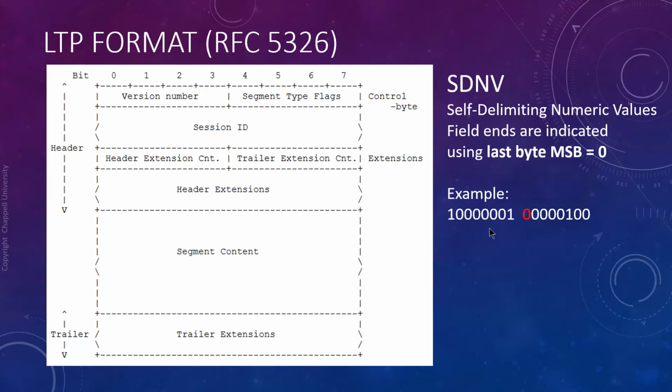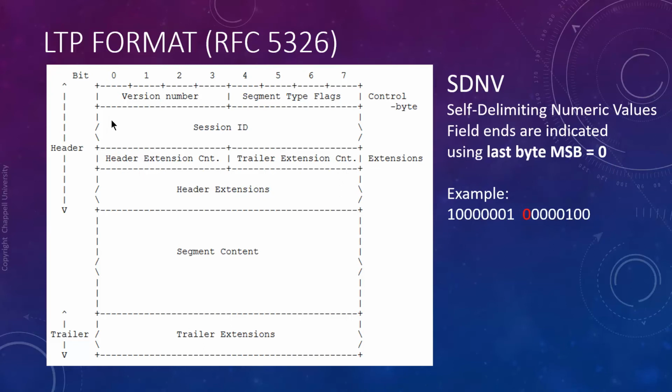So here's an example of a 2-byte field. If this field is defined as an SDNV format field, then we would look at the first, or the most significant bit, of each byte as we're reading the contents of this field. And when we see it begin with a 0, we know that this is the last byte of this field.